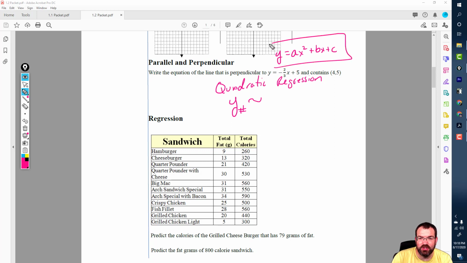So we have to take this general form and rewrite it: ax sub some number, and square that same number, plus bx sub some number plus c. This is your quadratic regression model.